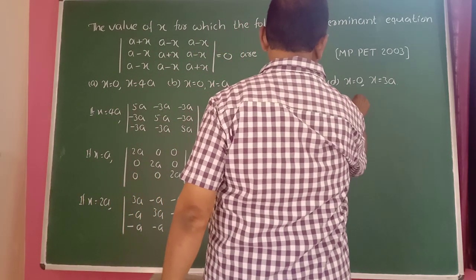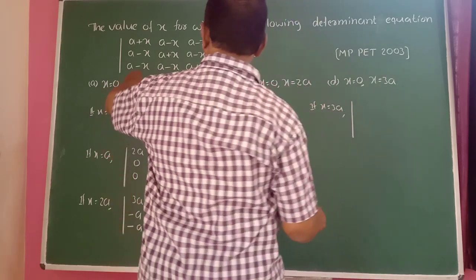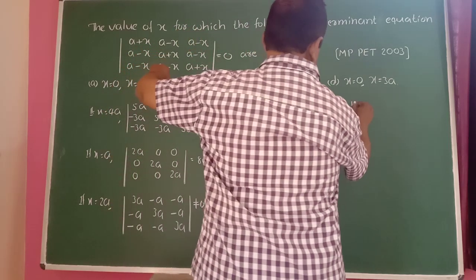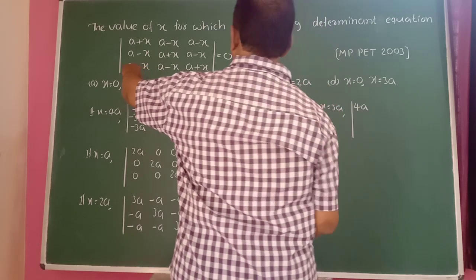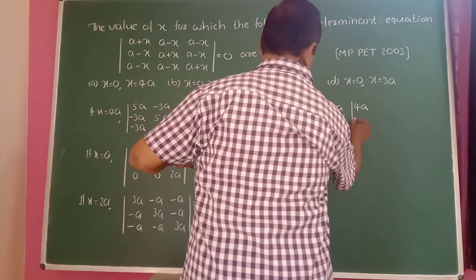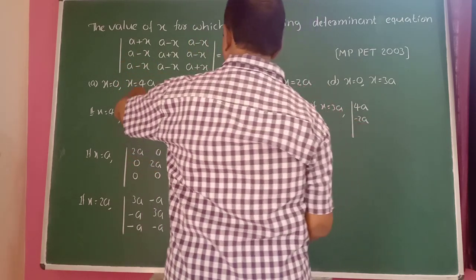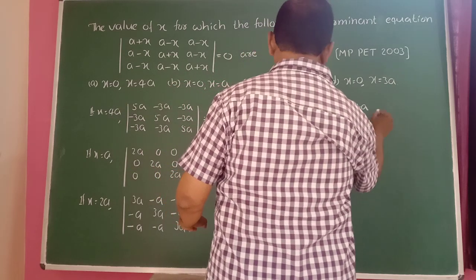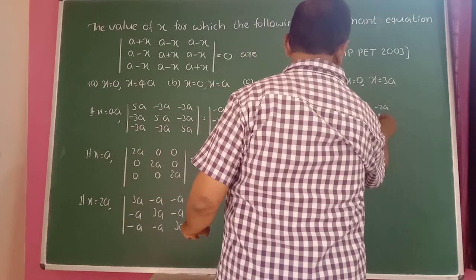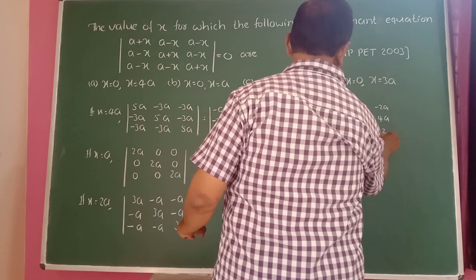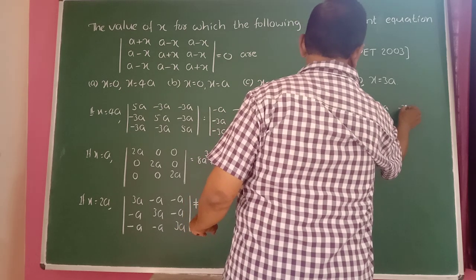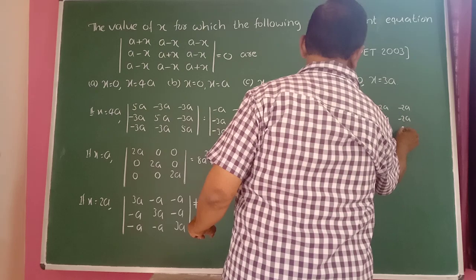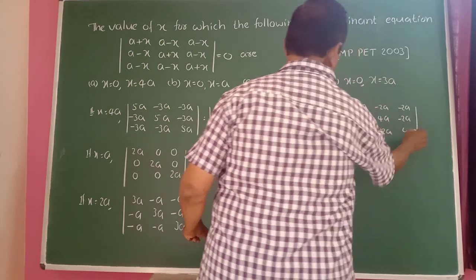Suppose if you take x equal to 3a, then the determinant has a plus 3a gives 4a, then a minus 3a is minus 2a, a minus 3a is minus 2a, then minus 2a, 4a, minus 2a, minus 2a, minus 2a and 4a.